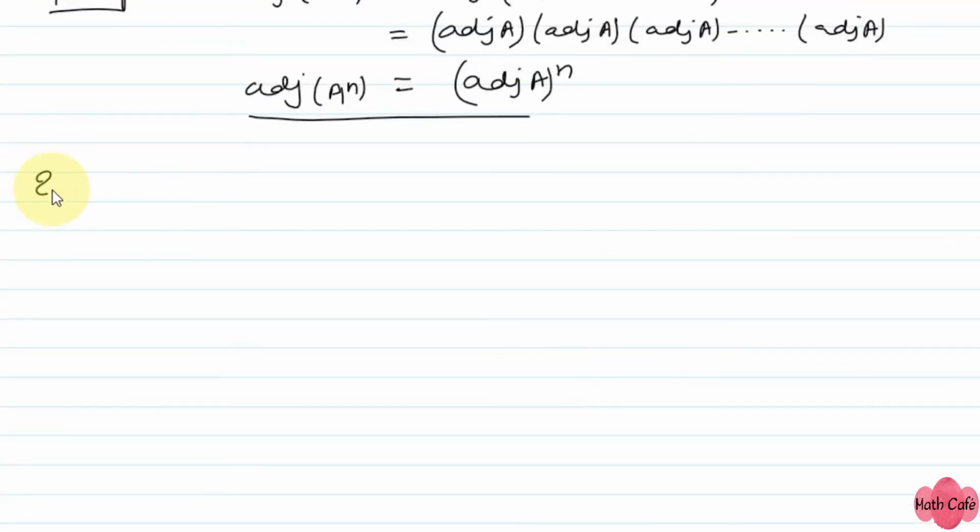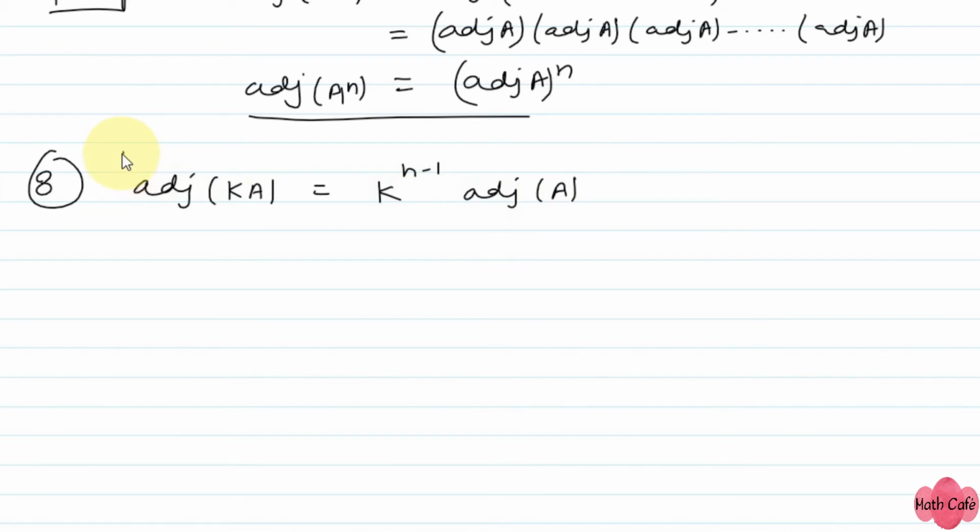Move to property number 8. So here property number 8 is adjoint of kA is equal to k to the power n minus 1 times adjoint of A. Alright, k is any non-zero constant.